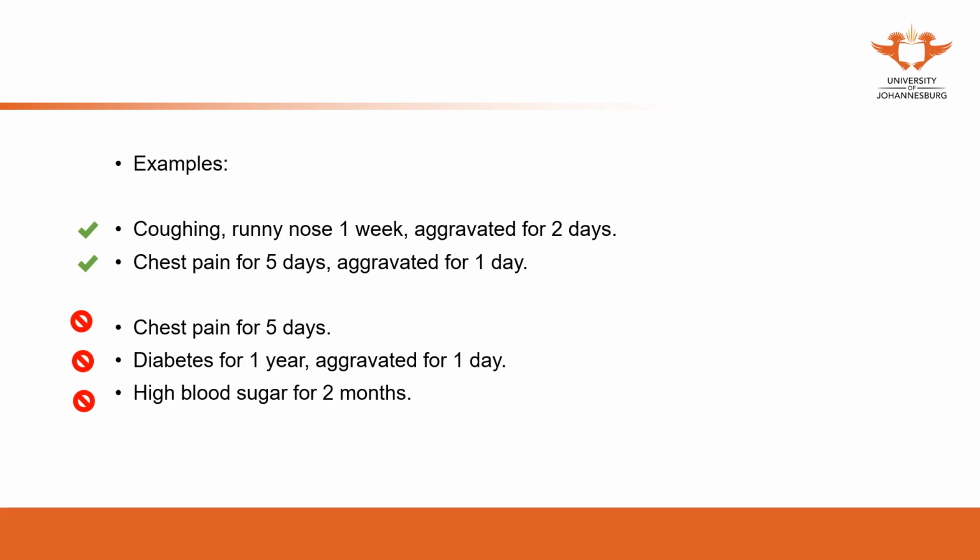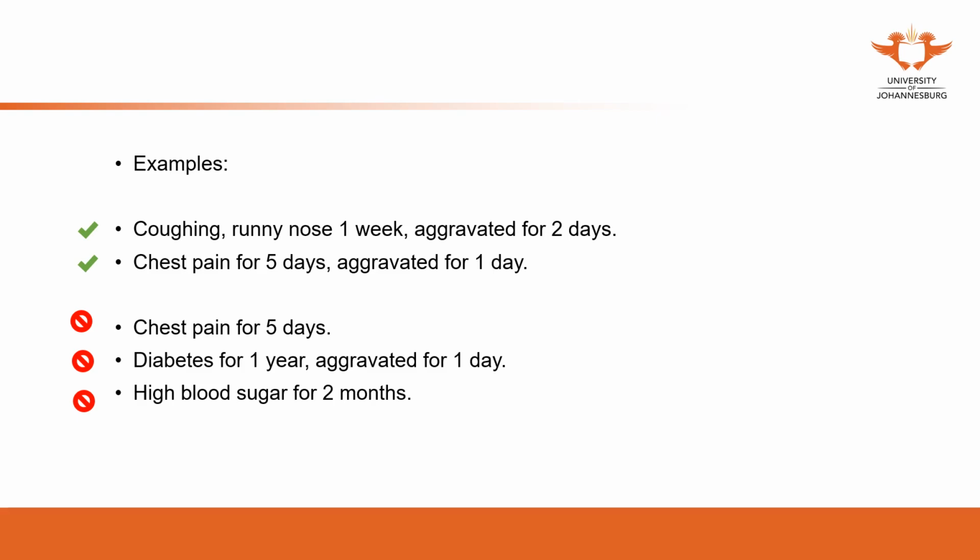Chest pain for 5 days. The next one, diabetes for 1 year, aggravated for 1 day. High blood sugar for 2 months. So when you see these 5 sentences, why did I put ticks on the first 2 and a stop sign on the last 3? That's because the last 3 sentences are not good sentences for writing a chief complaint.